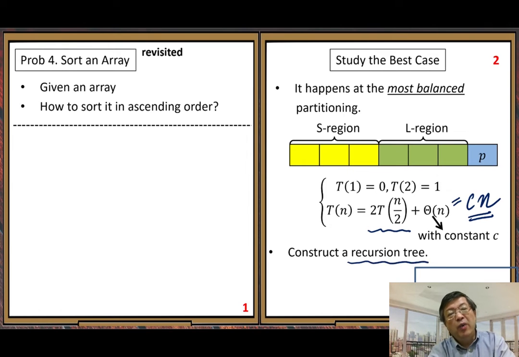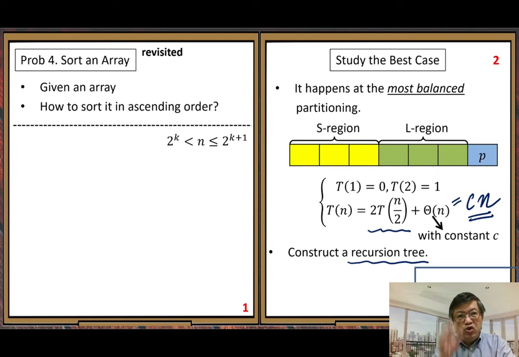When we construct a recursion tree corresponding to this recurrence relation, then it is very easy to get an estimate of the solution. Now, here, we will do the estimate. It may not be very precise, but it should be a pretty good estimation.